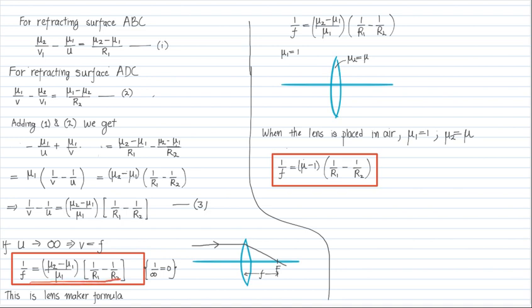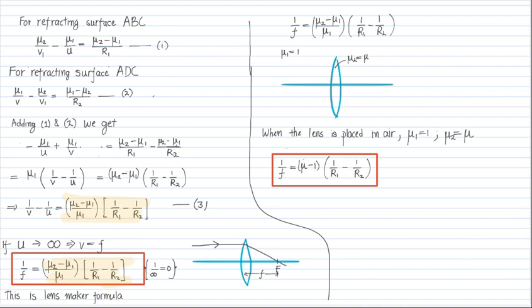Look at the right hand side again: (mu2 minus mu1) by mu1 and (1 by r1 minus 1 by r2). Now can you see that the right hand sides of both equations are the same?